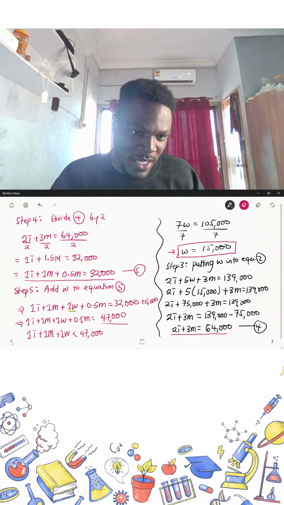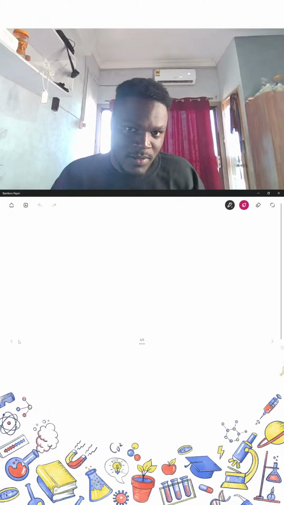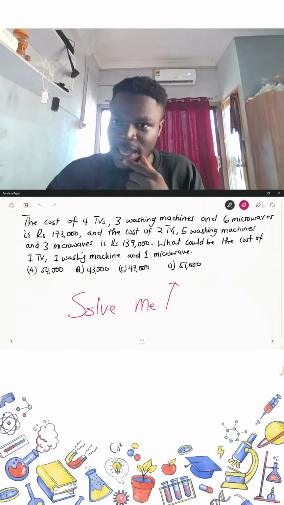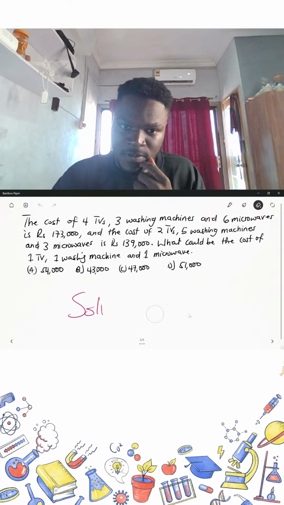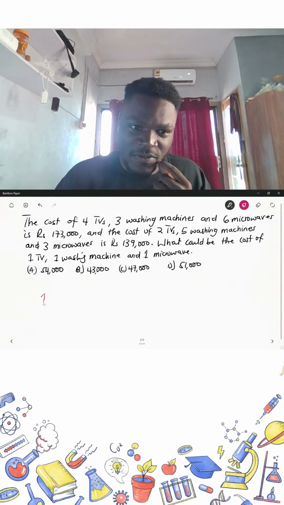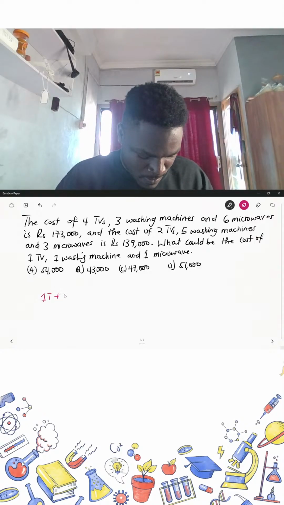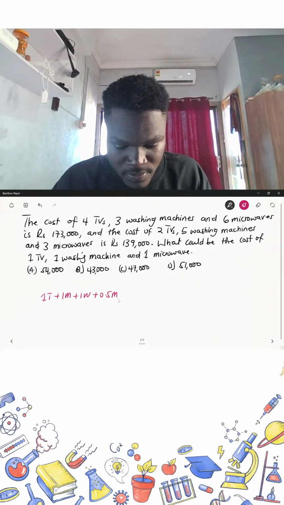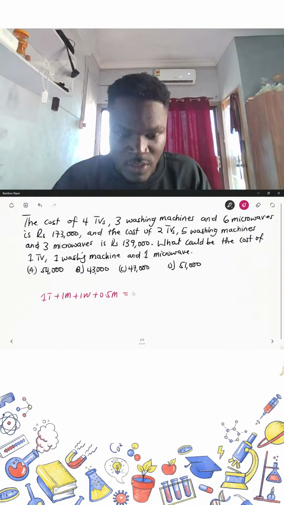Now let's go to our possible answers. Remember the expression we now have is one TV plus one microwave plus one washing machine plus 0.5 microwave is equal to 47,000.